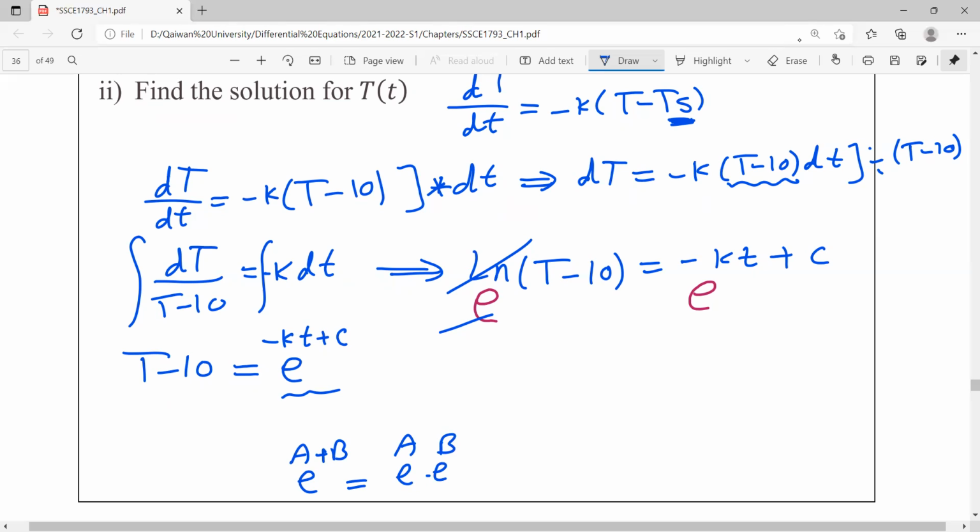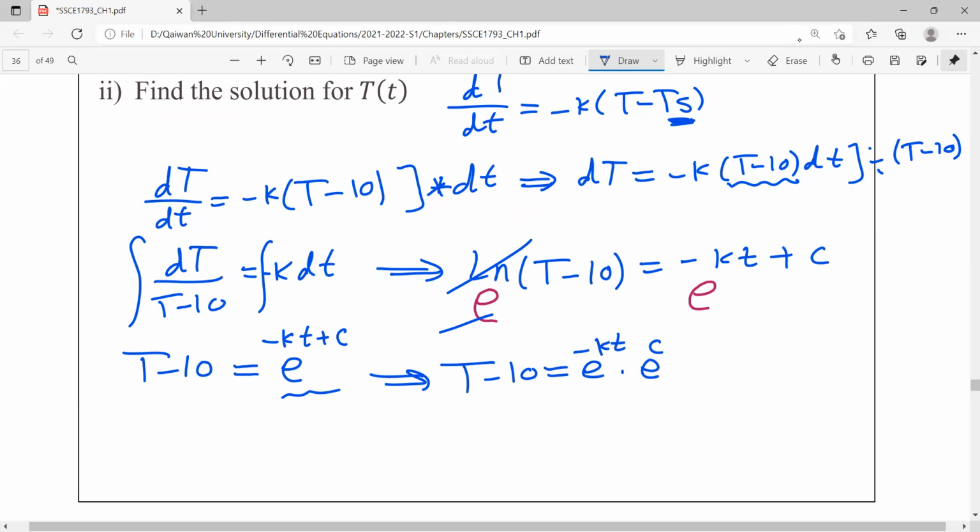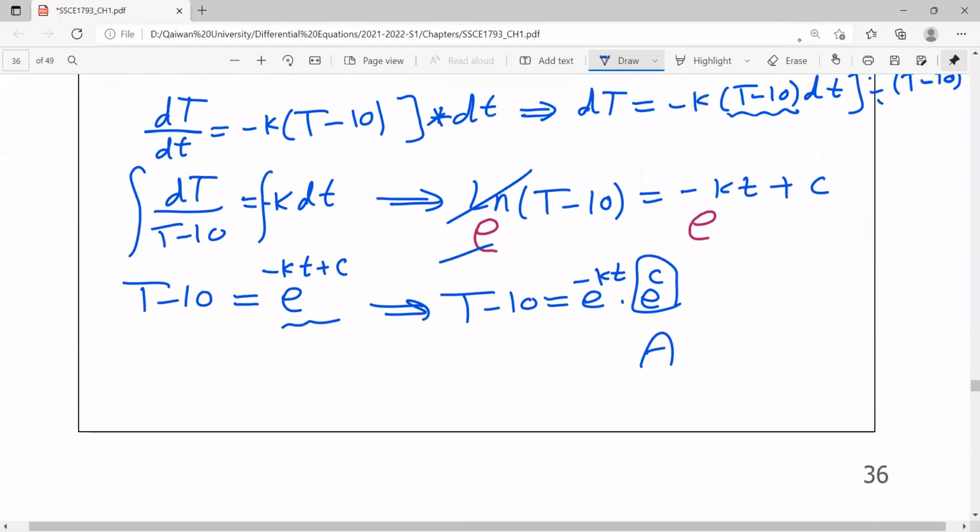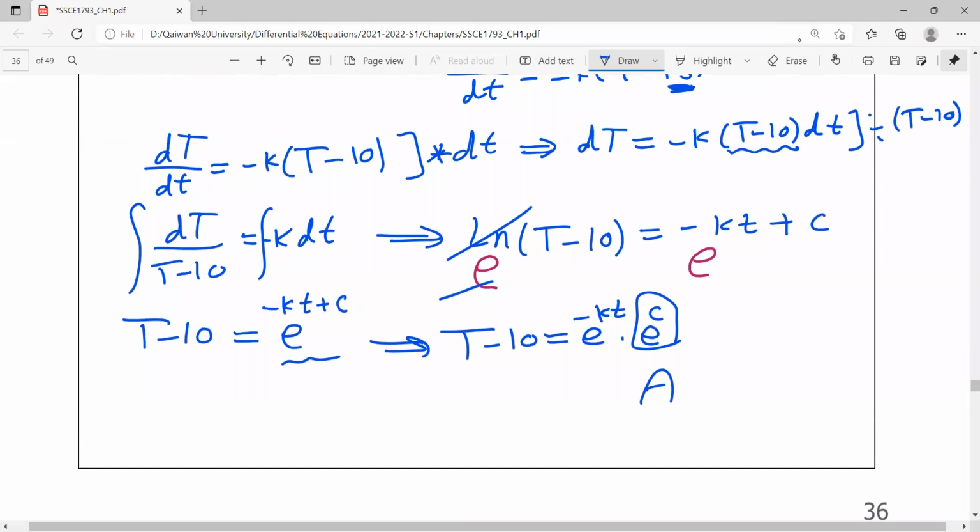That means we're going to separate these two exponents, and it becomes T minus 10 equals e to the power minus kt times e to the power c. This is a constant. We name it A. Let's say e to the power c to be A. e is a constant, and to the power of a constant, it's still a constant. We name it A.